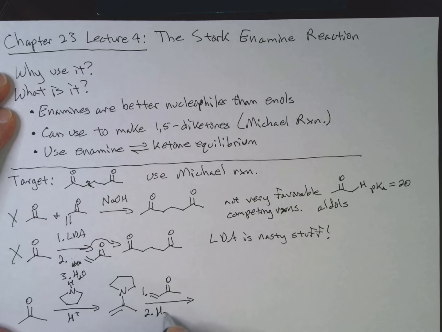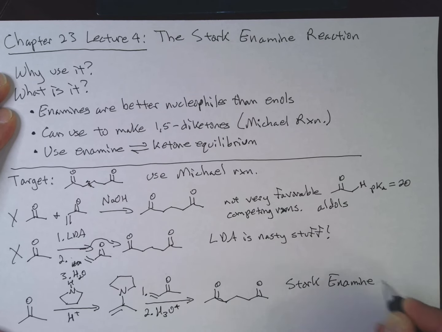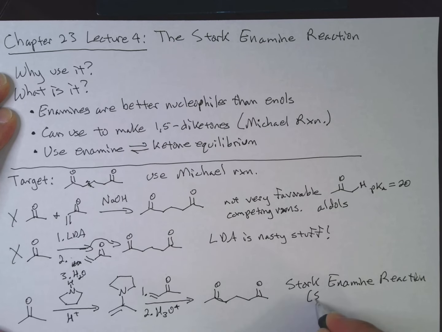And then we'll use H3O plus to hydrolyze that, and we will actually end up with our ketone. And this is the Stork Enamine reaction, sometimes called the Stork Enamine synthesis.